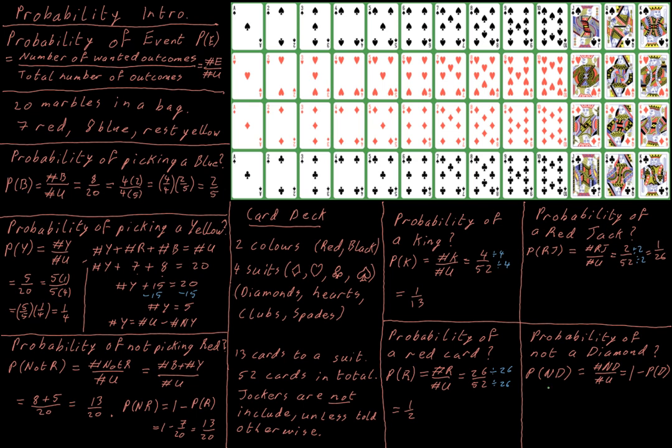So we have the number of ways of not getting a diamond. Well, how many cards are not diamonds? So our diamonds are our second red row down here, and you could count up all of these cards, and you get 39 out of 52, which simplifies down to 3/4, or you could say 1 minus 13 out of 52.